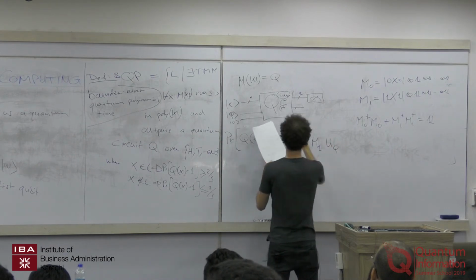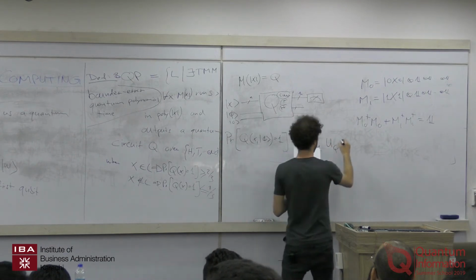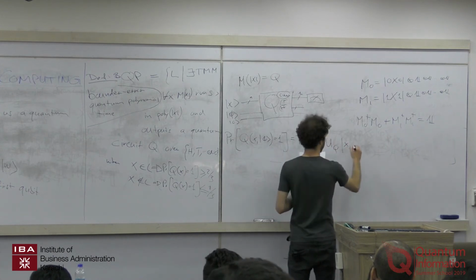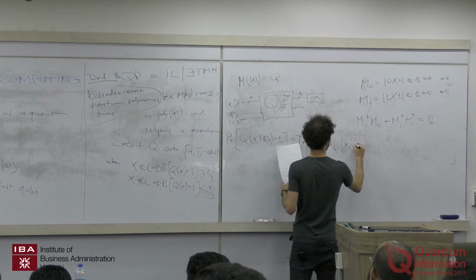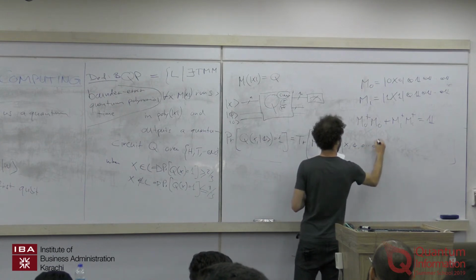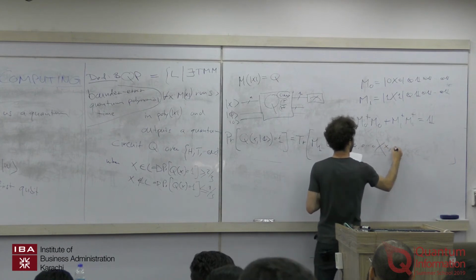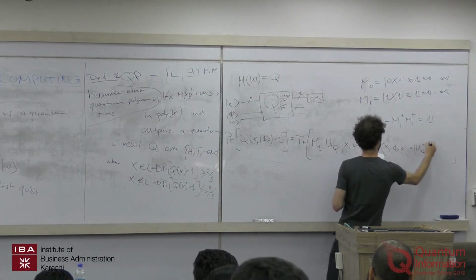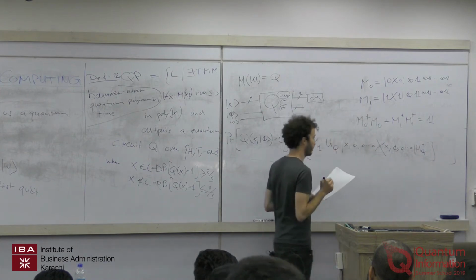Then we have the unitary that is implemented by the circuit Q. We have the input to the problem, the witness, and some zeros. Given like this.